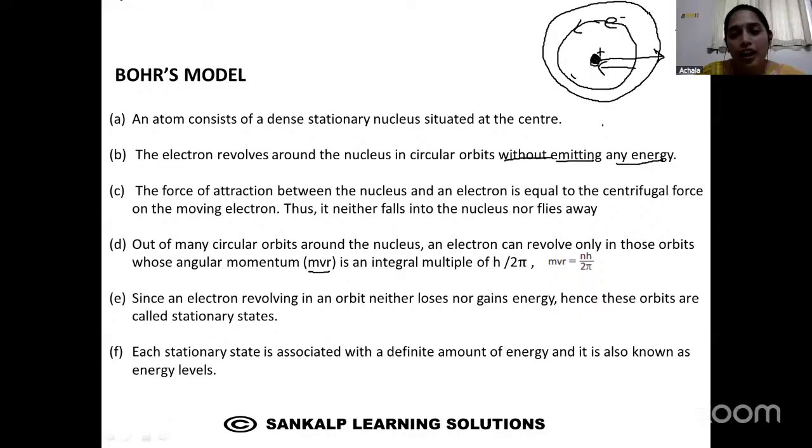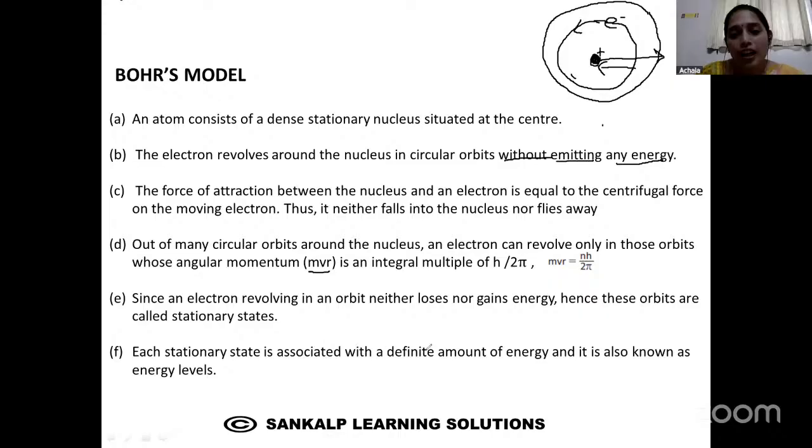Since an electron revolving in an orbit neither loses nor gains energy, these orbits are called stationary states. It doesn't mean that electrons are static, but stationary states mean the energy is not released or absorbed when the electron is revolving in its orbit.